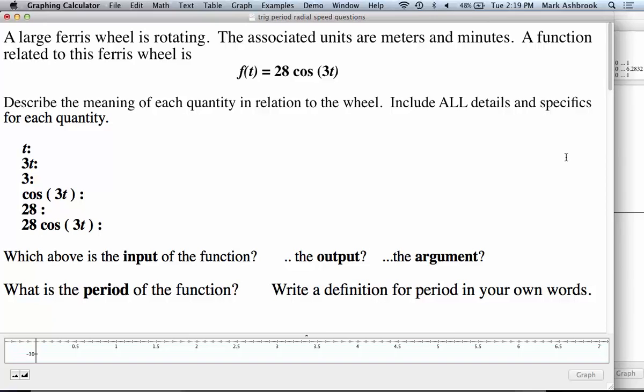So I'm going to put T up there, so you get an idea of what we're looking for, and then let's go back to work.